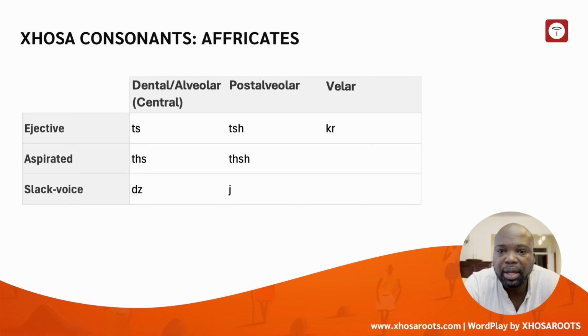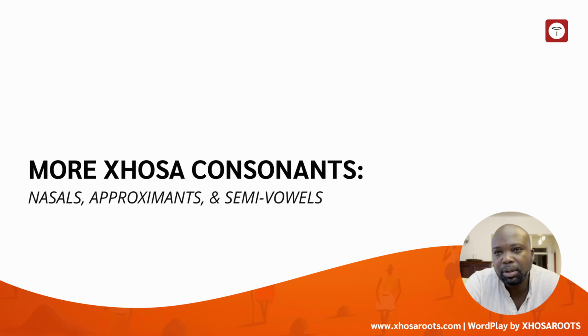Okay, so those are the affricates, and there are other consonant sounds in Xhosa, which we've already encountered, by the way, sometimes being added to the sounds that we've already seen, sometimes through the process of pre-nasalization, when we are forming, for example, the nasal clicks like nga.